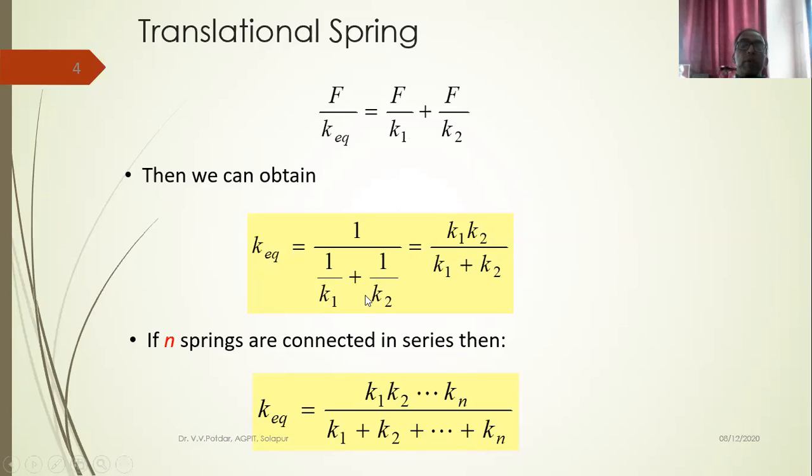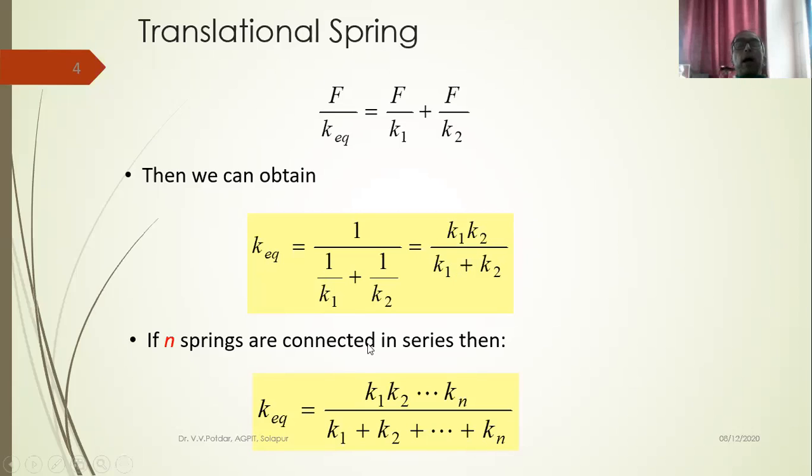If I simplify this, what will it be? 1 upon K1 plus 1 upon K2 is K2 plus K1 upon K1 K2. So K1 K2 I can take in the numerator, and it will be K1 K2 upon K1 plus K2. So K equivalent for parallel springs is equal to K1 K2 upon K1 plus K2.